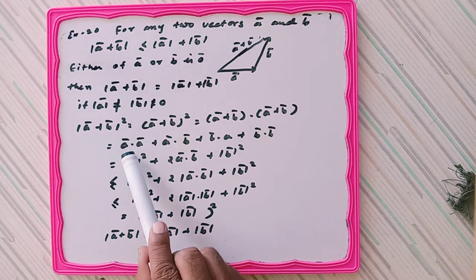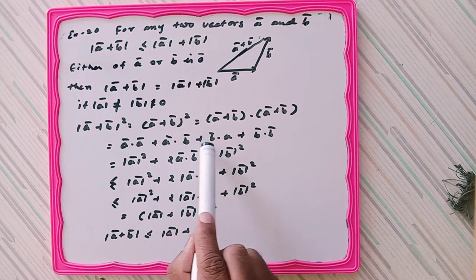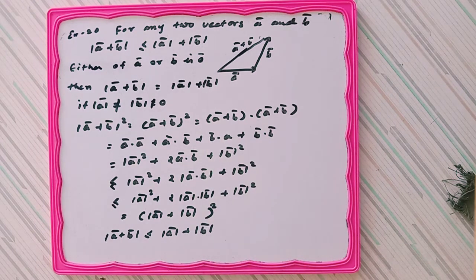And so it will be A bar dot A bar plus A bar dot B bar plus B bar dot A bar plus B bar dot B bar.